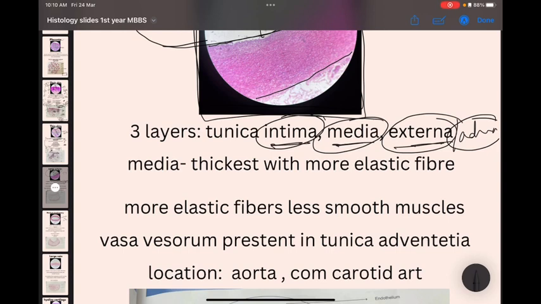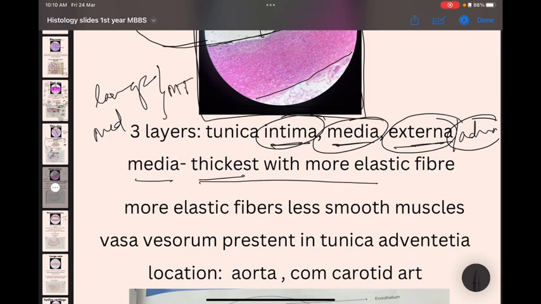So the middle layer is thickest, both in large size artery as well as medium sized artery. The middle layer is thickest. But in the case of large artery, elastic fibers are more compared to the smooth muscles.